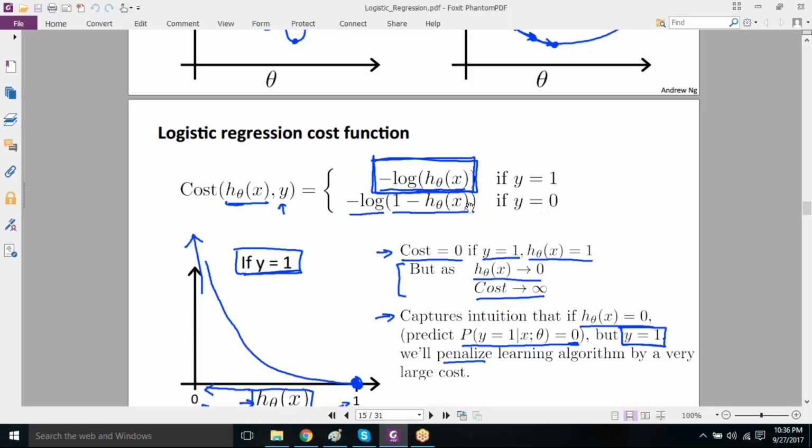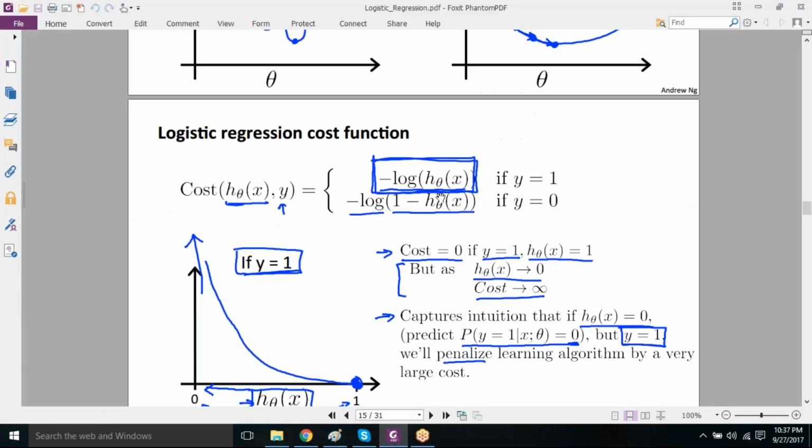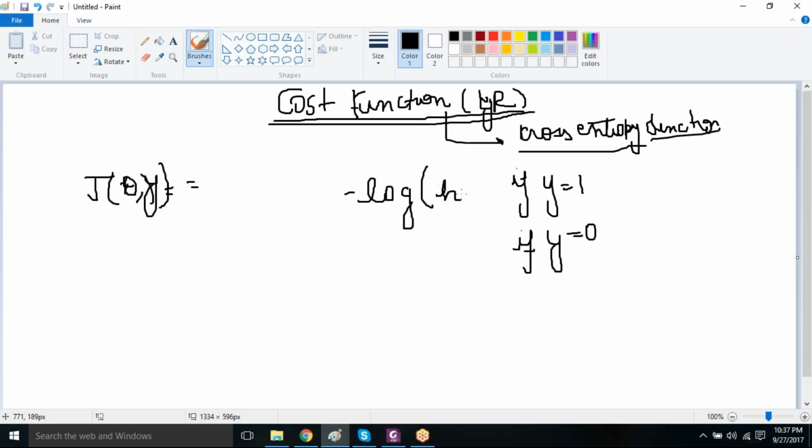For the training data, you will know whether it is of class A or class B. So this is the label. So this becomes minus log of h theta x, and this becomes, I think, yeah, minus log of 1 minus h theta x.